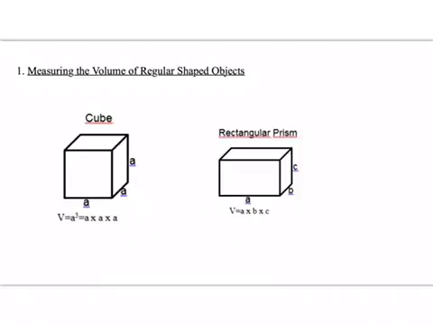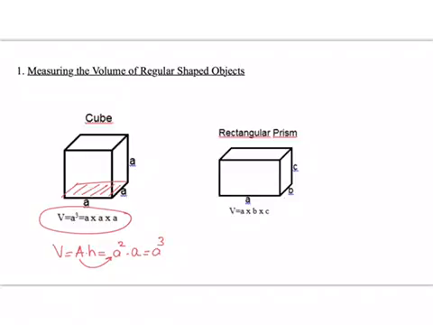Now let's give the formulas for the regular shaped objects. The cube, the formula is a cubed. How do you get it? You have the base equal to a square. So from base area times height, the base area is the area of a square times height a, which gives me a cubed.